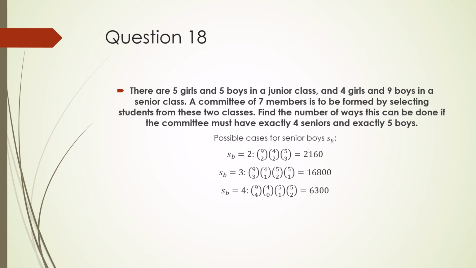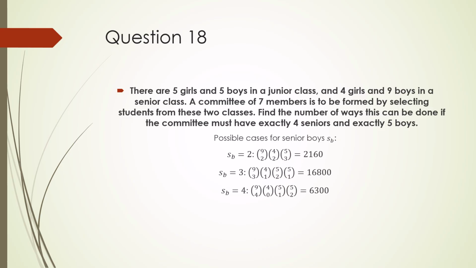Now, if we consider case 2, where we choose 3 senior boys in total, we will have 3 senior boys, 1 senior girl, and 2 junior boys. So the number of ways to choose the senior boys will be 9 choose 3. The number of ways to choose the 1 senior girl will be 4 choose 1. The number of ways to choose 2 junior boys will be 5 choose 2. And lastly, the number of ways to choose 1 junior girl from the 5 girls will be 5 choose 1.